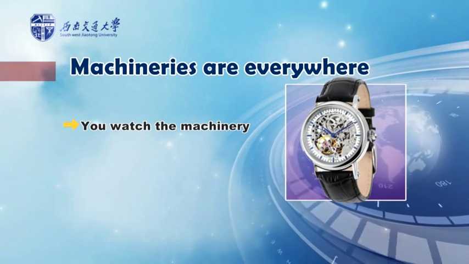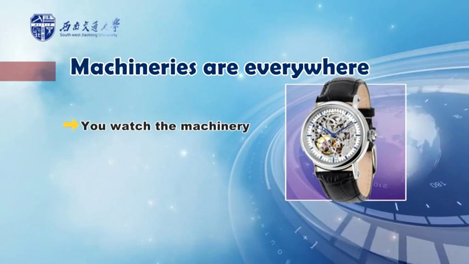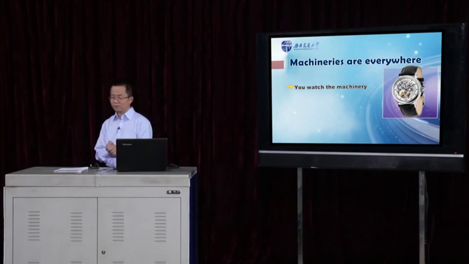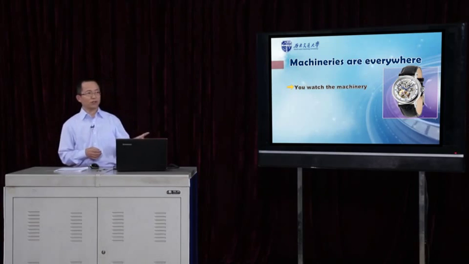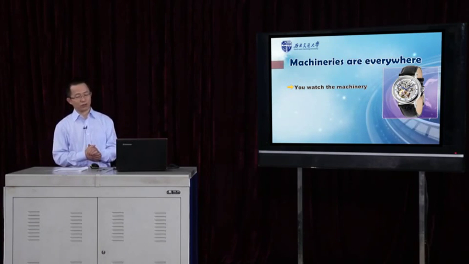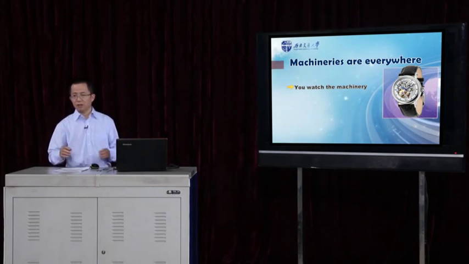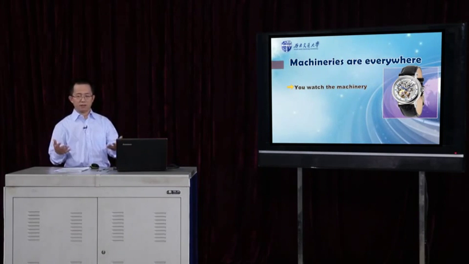Now this is a watch, so you are now watching a watch, right? And a watch is a machine, all right? Especially this watch is a mechanical watch. Does anybody know how a watch can tell you the exact time? Inside the watch, there is a small device called the mechanical pendulum.